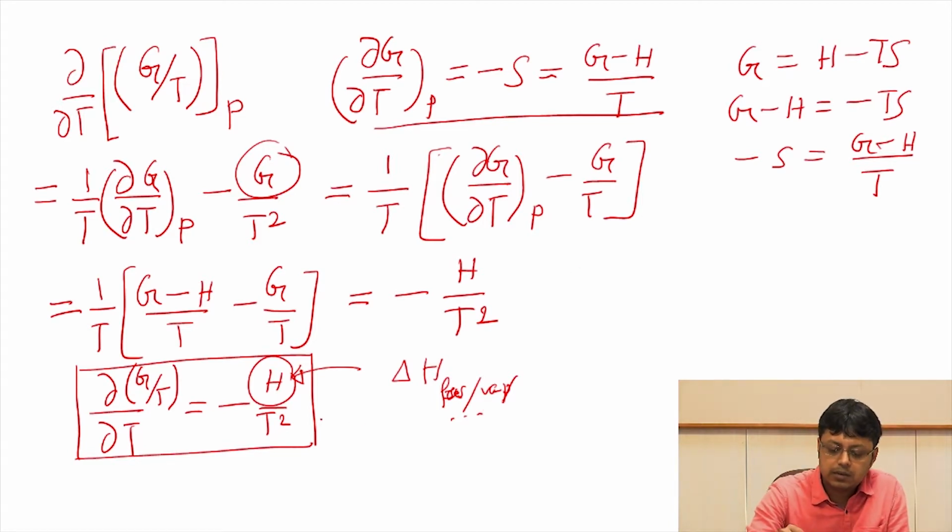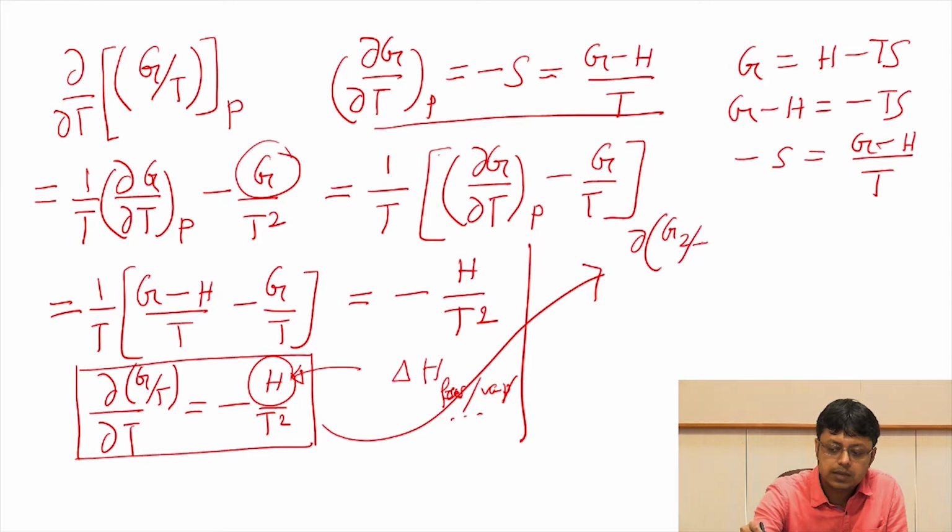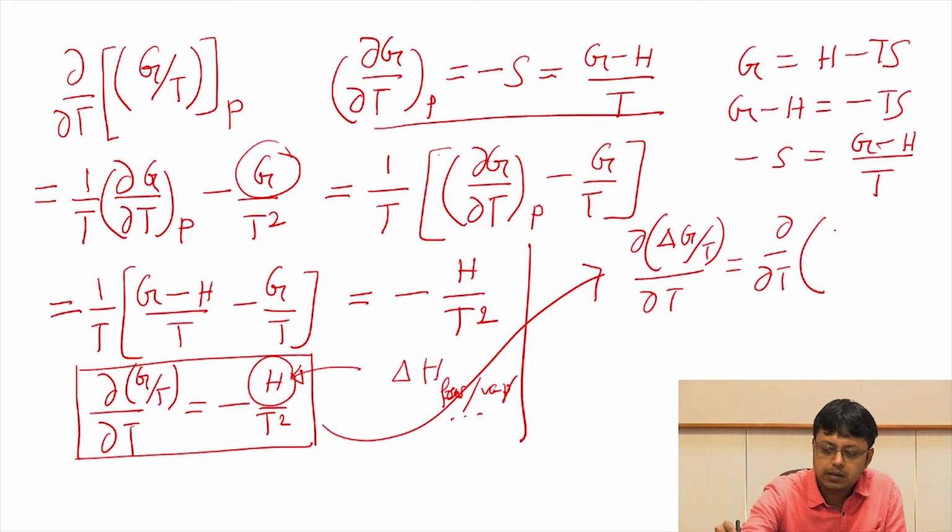Now we can start from the same equation. If we ask what will be del del T of delta G by T, we can rewrite it in a very nice way. Delta G is nothing but G2 minus G1.